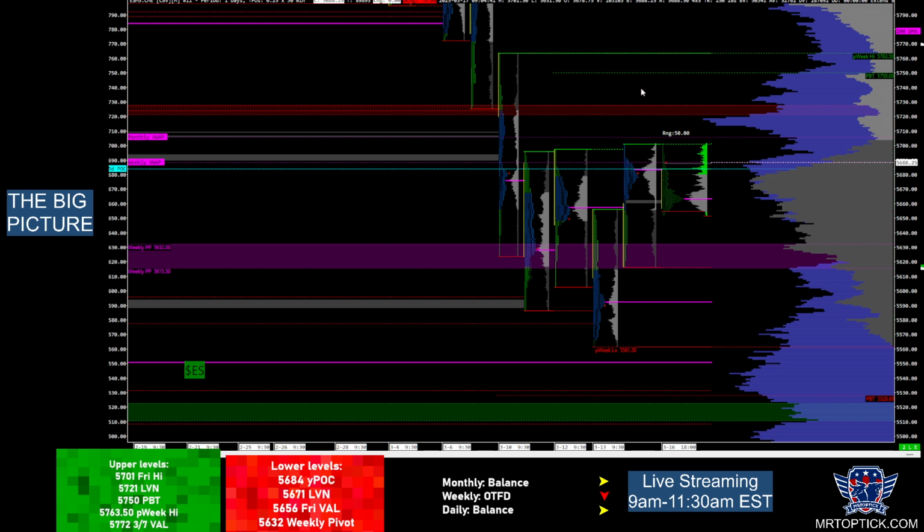So I think the projected target for this imbalance is at 57.50, right? So trading above these highs, we have 1, 2, 3, and the fourth high would be the overnight high.